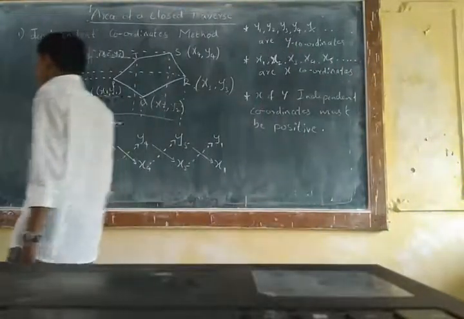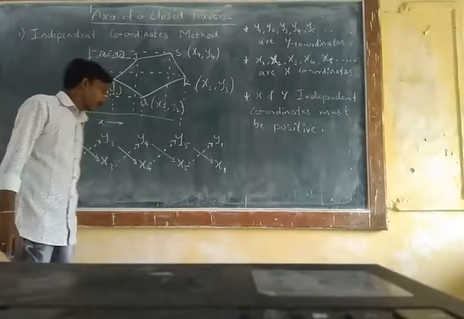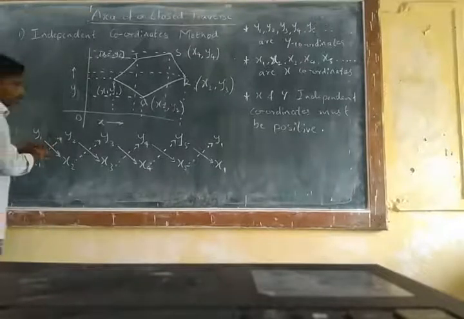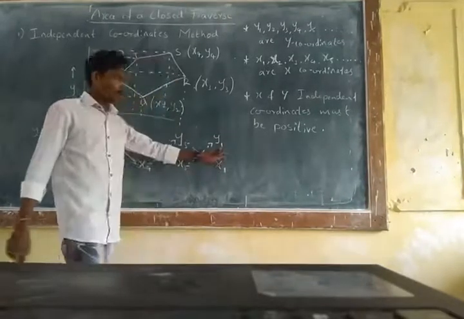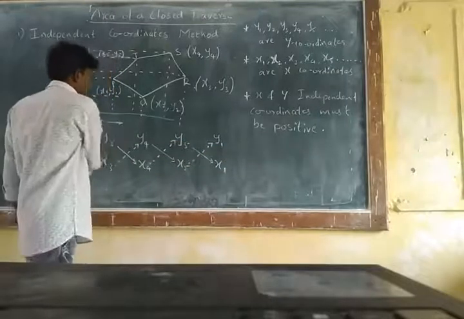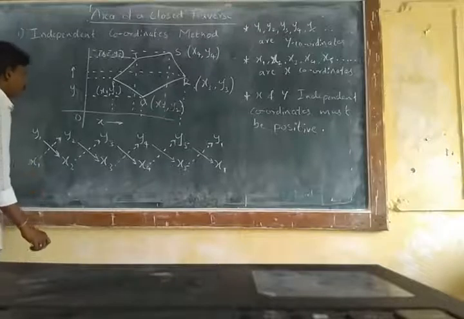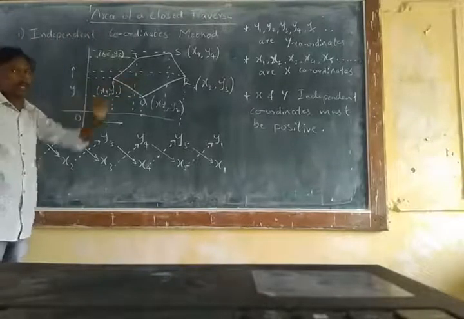Now here you can see an equation type here. It starts from y1 and it ends at y5, and again for the calculation purpose write y1 here. So by this figure you can derive a formula for calculating sigma p and sigma q. By using this sigma p and sigma q, or the summation of p and summation of q, we can calculate the area of this traverse.